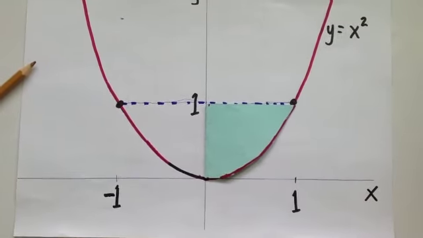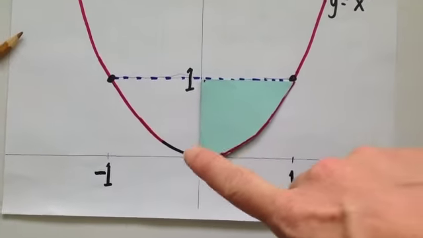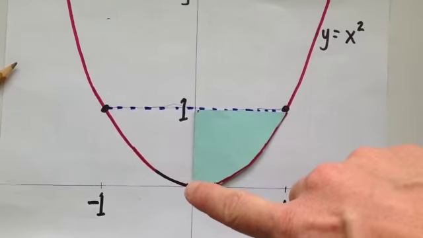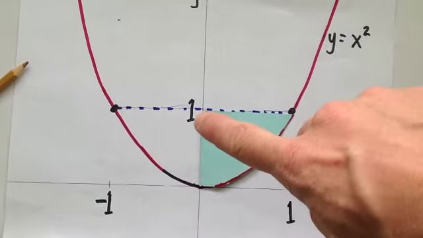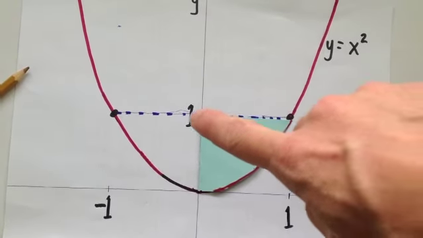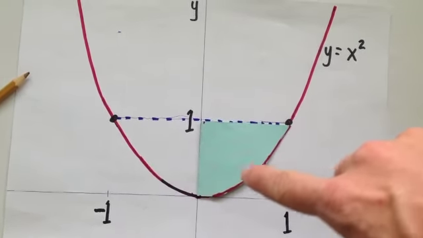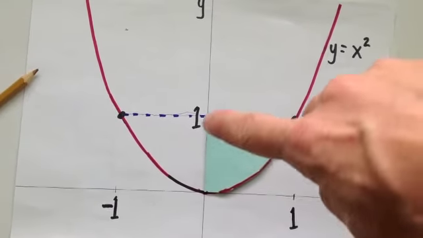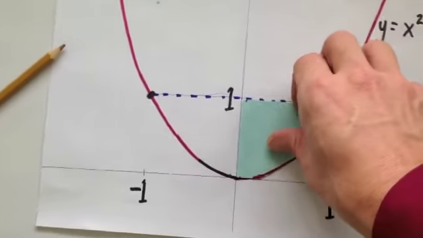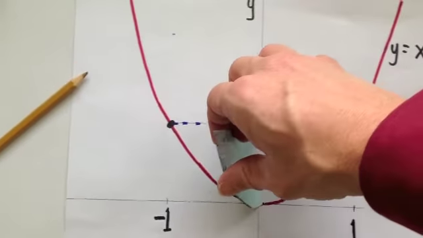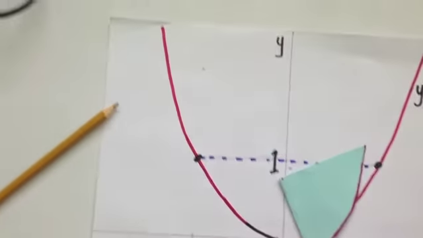Okay, let's say we have a graph of a parabola here, and we're enclosing a region between the y-axis, the line y equals 1, and our curve. What we're going to do is rotate this so that it goes around the y-axis.